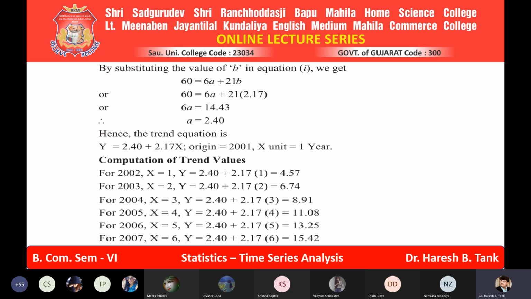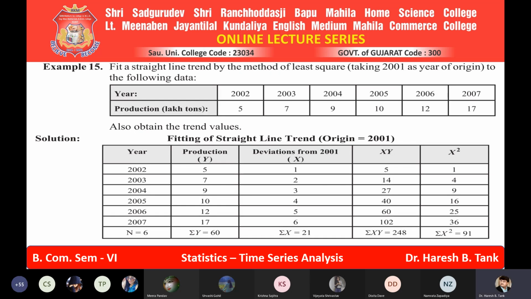For 2007, 15.42. Right? And all these values are to be written on that table, the table which you already designed. It has the columns year, production, deviation, xy, x square, and a new column yc.